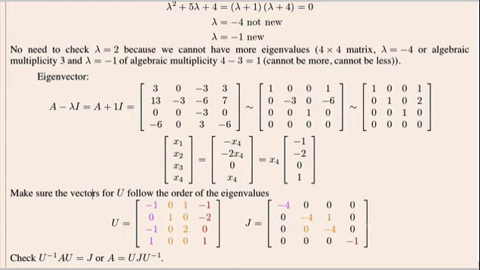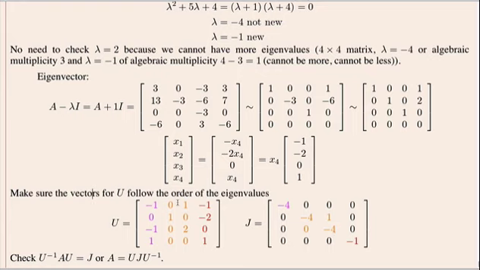So then we have the Jordan block with the previous Jordan block, and now we have -1, and the order is correct because -1 is larger than -4. So the blocks are ordered by increasing eigenvalue, and also here they are ordered by increasing size. So 1 by 1 and then 2 by 2.